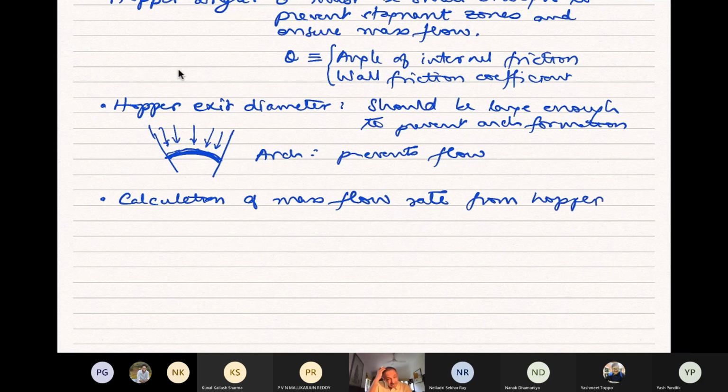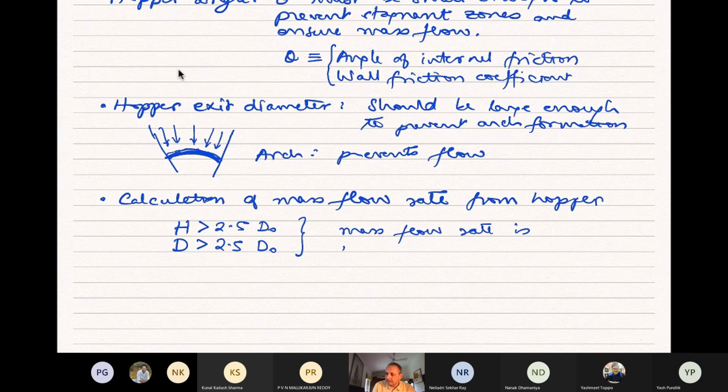So if you want to find out how much material is going to come out, well, I'm going to do this in the next class, but what is nice is that if the height h is more than about 2.5 times d0, and if the diameter of the hopper d is also larger than about 2.5 times d0, then the mass flow rate is independent of h and d.